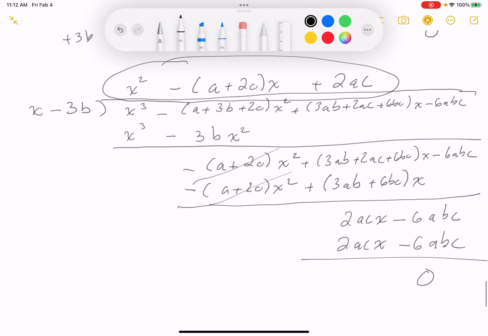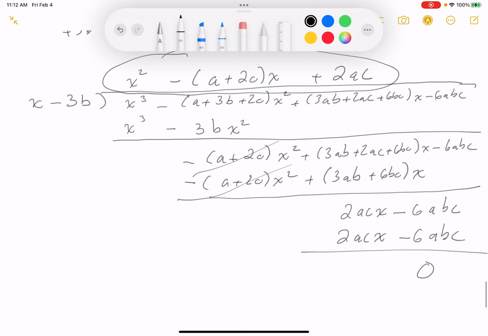I want to point out, and you may be shocked by this, that there's another pattern here that some of you may be seeing at this point. I'll write this down. X squared minus a plus 2c, this is not in the notes, by the way, plus 2ac is the same thing as x minus 2c and x minus a.